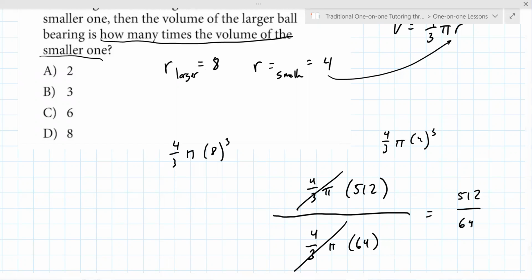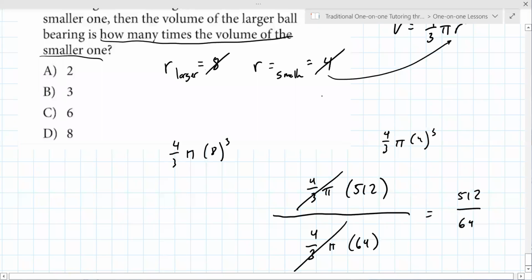Okay, so it would have been better for us to choose something like 2 and 4, something a little more manageable, because then we would have gotten the 4/3 pi. 4 cubed is 64, 2 cubed is 8. And these are a little more manageable numbers for us. You could have even gone 1 and 2.